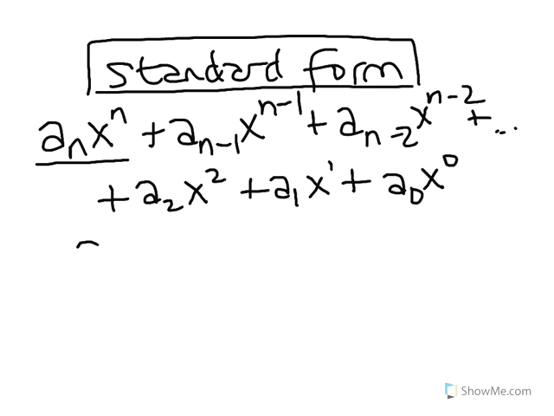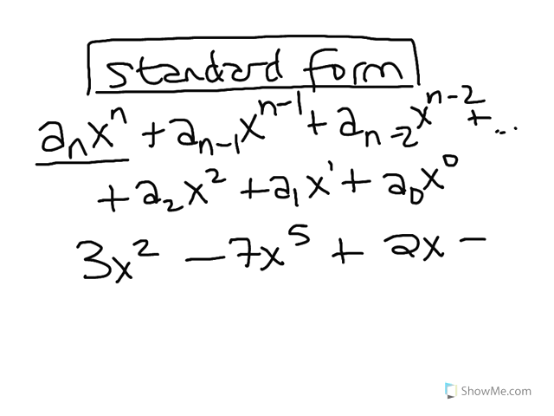So if someone gives you an expression like this, 3x squared minus 7x to the 5th plus 2x minus 1, that's not an appropriate way to convey the information. And whenever you work with something like this, it's incumbent on you to turn it into a standard form expression. If you looked at this expression and didn't look at it carefully enough, you might think it was quadratic, but it's not.